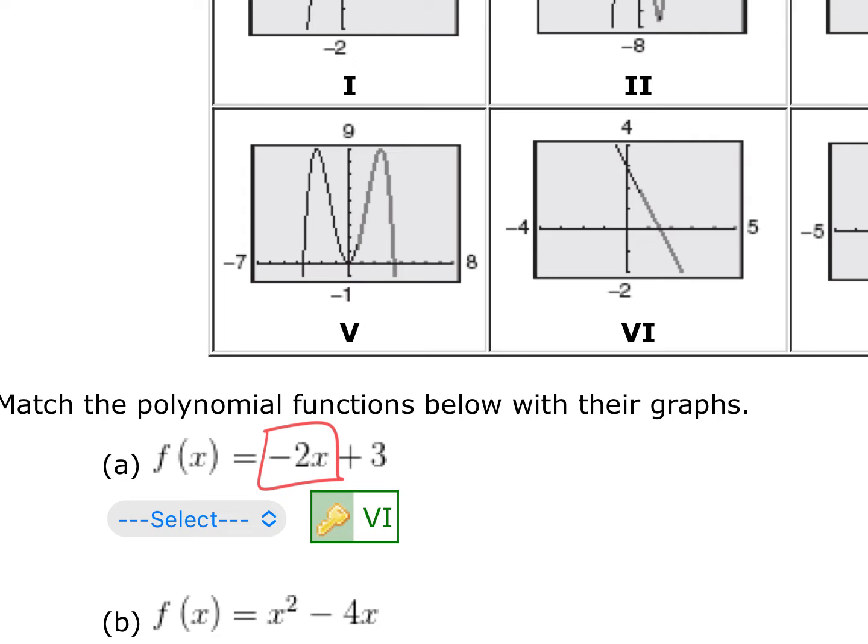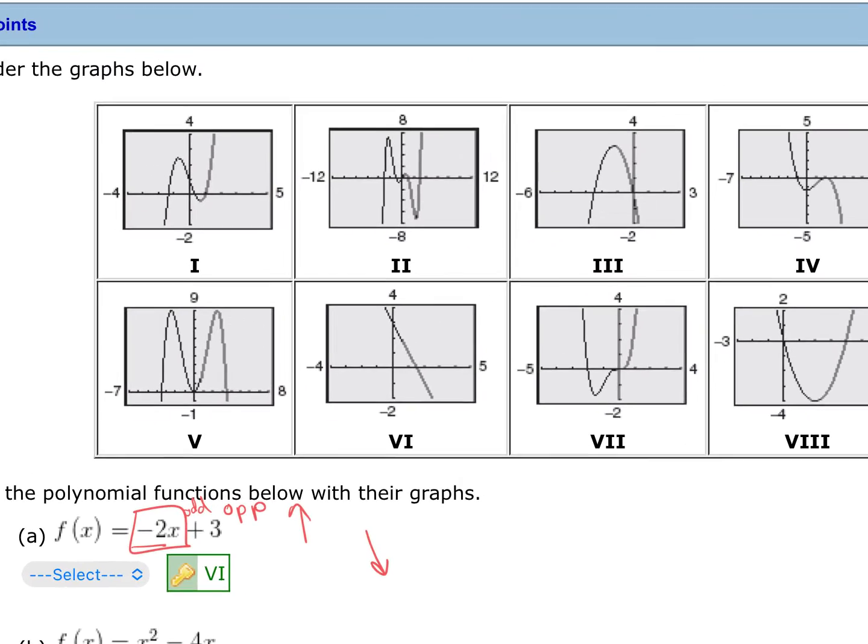So what degree is this? Is it even or odd? It's odd. So are they going to go in the same direction or opposite directions? They go in opposite directions. Is it positive or negative? It's negative. So what's my right arrow going to do? Right arrow goes down, and the left arrow goes up. I can match that with my graph.